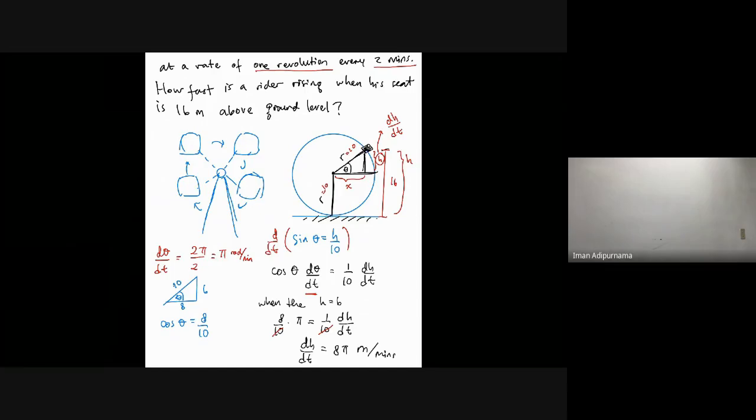But the idea is still the same. You have relations here. Find the relations that include your required quantity. So it's required to find this dh over dt. You get the relations from this triangle, derive based on time, and you get these expressions, and you need to find the rest of the unknown variables from the information.